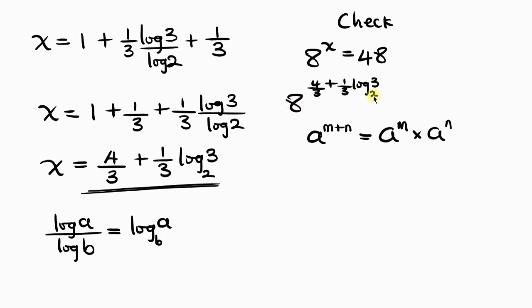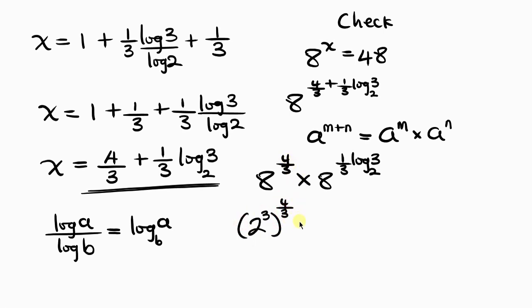So this expression can be 8 to the 4 over 3 times 8 to the 1 over 3 log 3 base 2, just as what we have here. 8 is the same thing as 2 to the 3, which is 2 cubed, and this is raised to a power of 4 over 3, times 2 cubed raised to the 1 over 3 log 3 base 2.